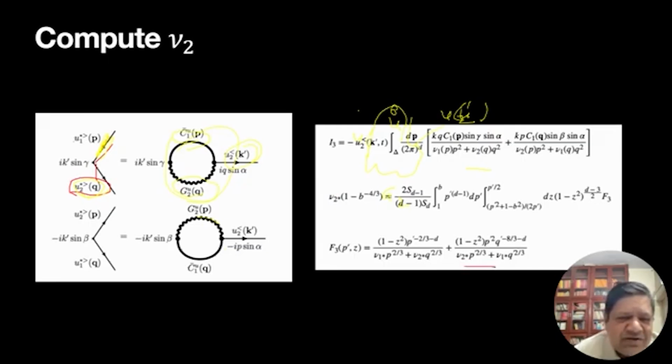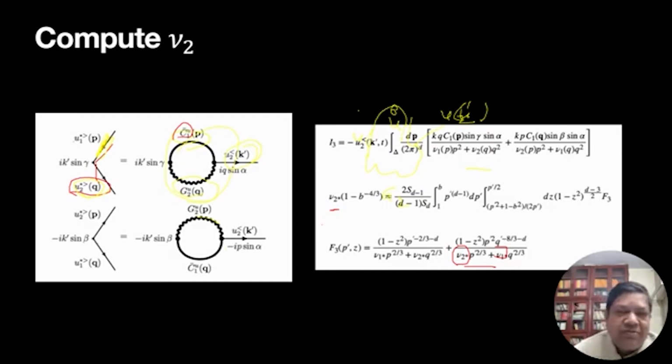So here we have Green's function of 2. Two Green's functions give you nu2, and correlation with 1 gives you that. So this is the expression. Nu2 star is an integral with f3, and f3 has nu2, nu1. So this integral is a function of both. Right hand side is nu2 and nu1.